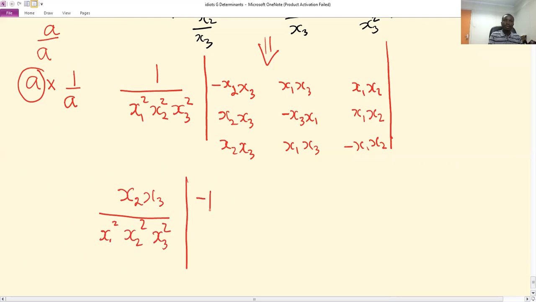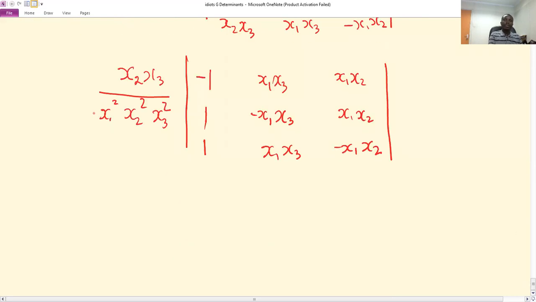So this will be minus 1, this will be 1, this will be 1. I keep the others the way they are, x1, x3 minus x1, x3. Remember x3, x1 is the same as x1, x3. And then x1, x3, x1, x2, x1, x2 minus x1, x2.